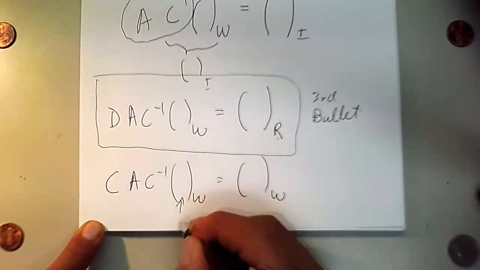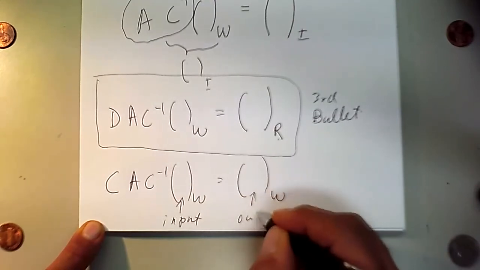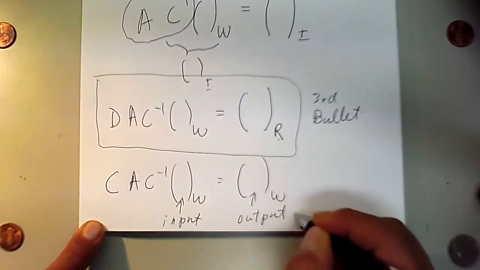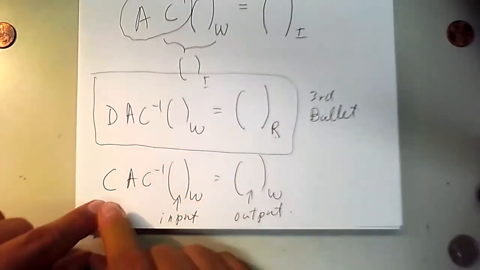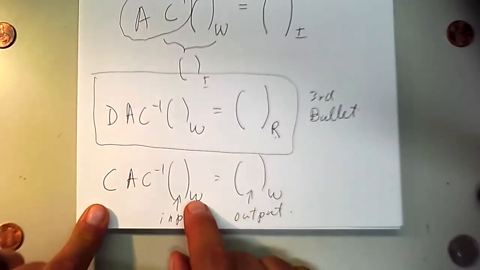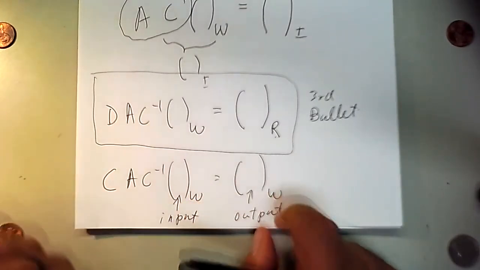So this is the input, and this would be the output of the transformation T starting with weird coordinates and ending with weird coordinates.